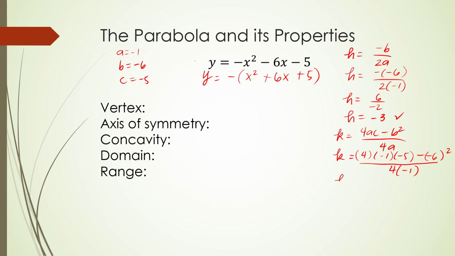And if you simplify this, this will become 20 minus 36 over -4. Simplify it further, this will become -16 over -4. And your final k here is 4. Therefore, the vertex is -3 and 4.